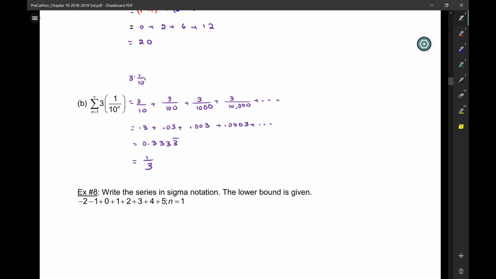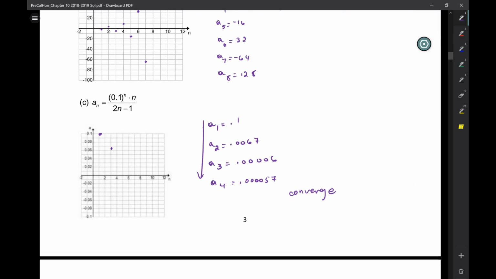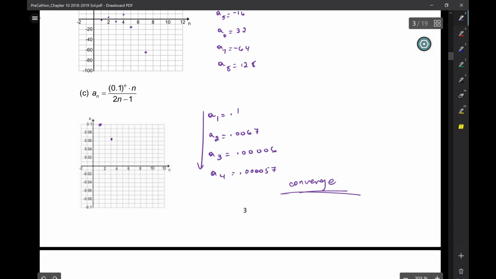What happens if it doesn't work out that way when you go to infinity? Is it possible that it doesn't come out to a fraction? A lot of times it will. And when it comes out to a cute little number like that, like we learned up here, we say it converges.